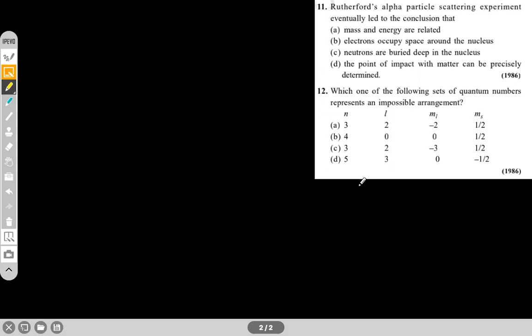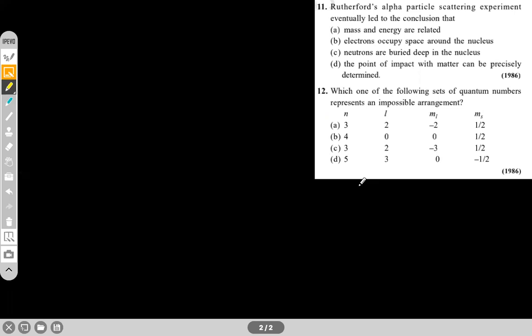The first one: Rutherford's alpha particle scattering experiment eventually led to the conclusion that mass and energy are related; electrons occupy space around the nucleus; electrons are buried deep into the nucleus; the point of impact with matter can be precisely determined.